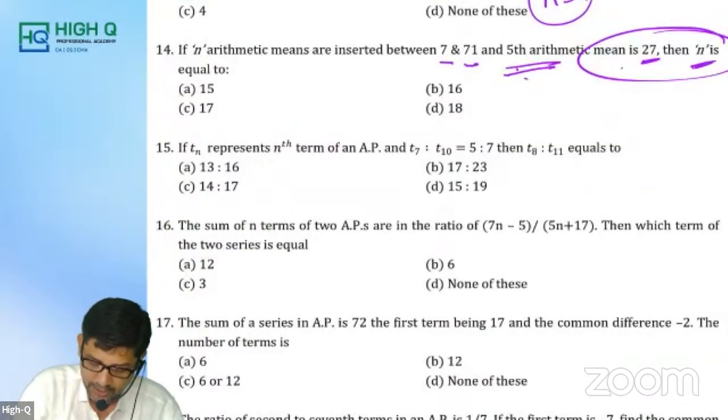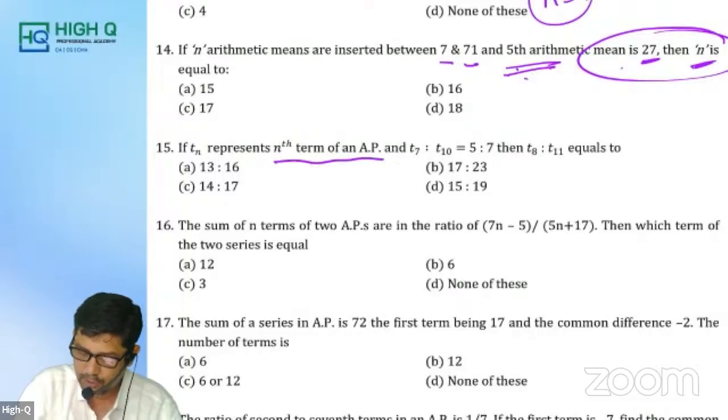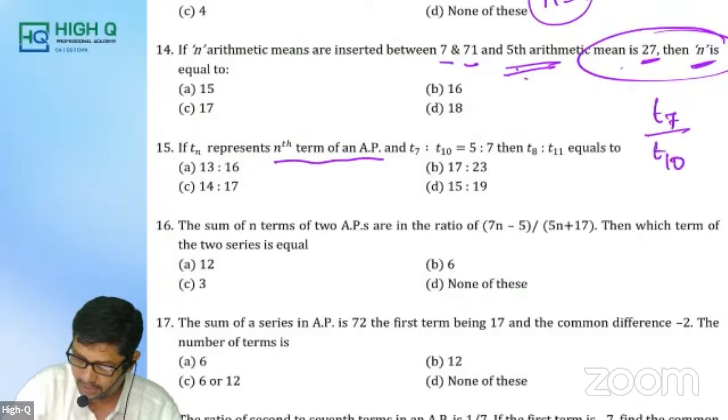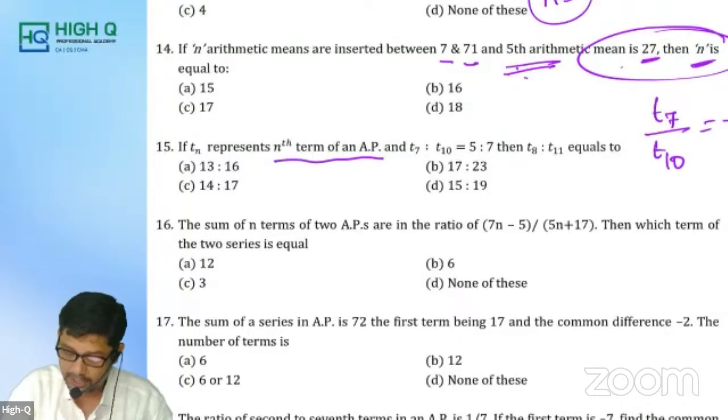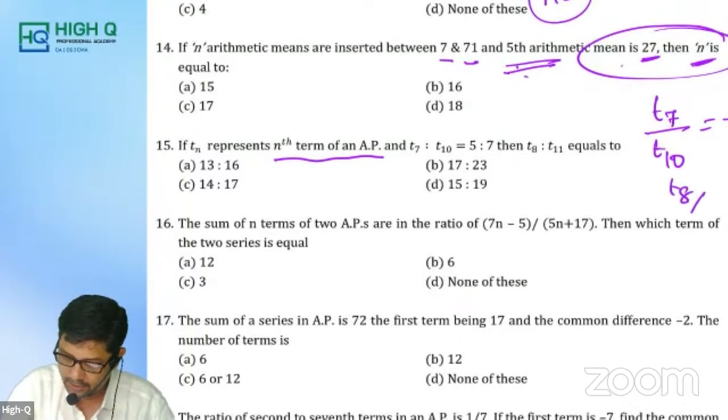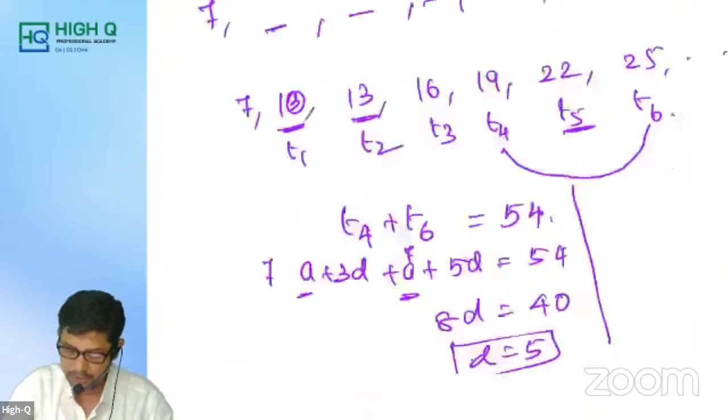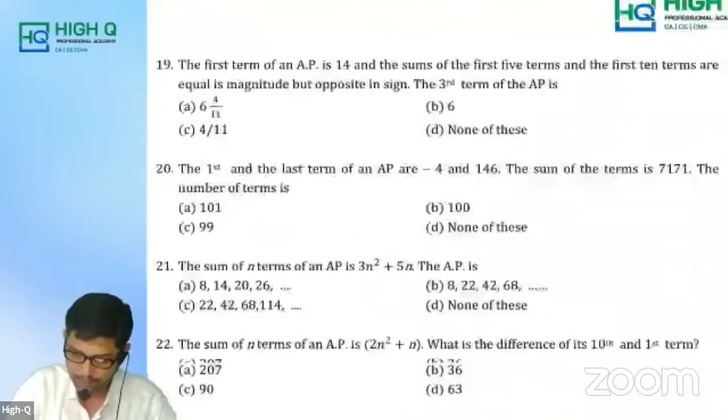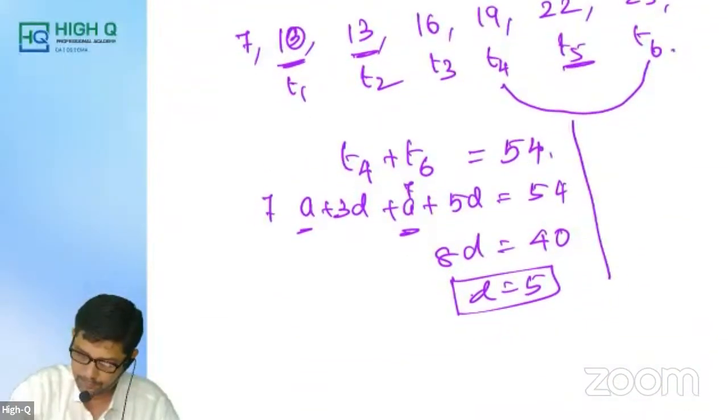Next step. Tn represents the nth term of an AP. This question was asked in the exam, my dear. T7 divided by T10 is equal to 5 by 7. Now they ask you to find out T8 divided by T11. Look at this. How to approach, I'll tell you. What is given?